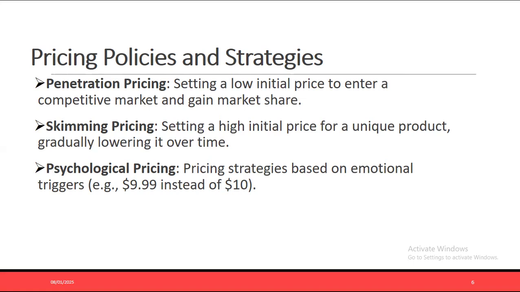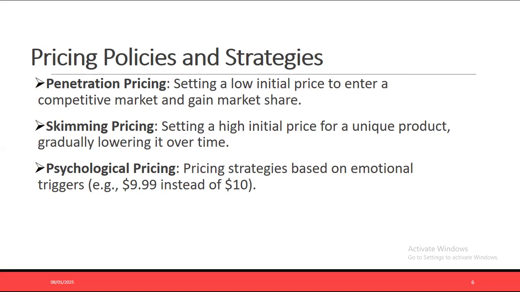Then there is skimming pricing, where you set a high initial price for a unique product, okay, so that the high class people who are in that segment will feel like they are the only ones who are using your product. Okay, and then as time goes on, you lower the price. But by the time you lower the price, you would have got what you are looking for. So skimming and penetration are kind of opposite, right?